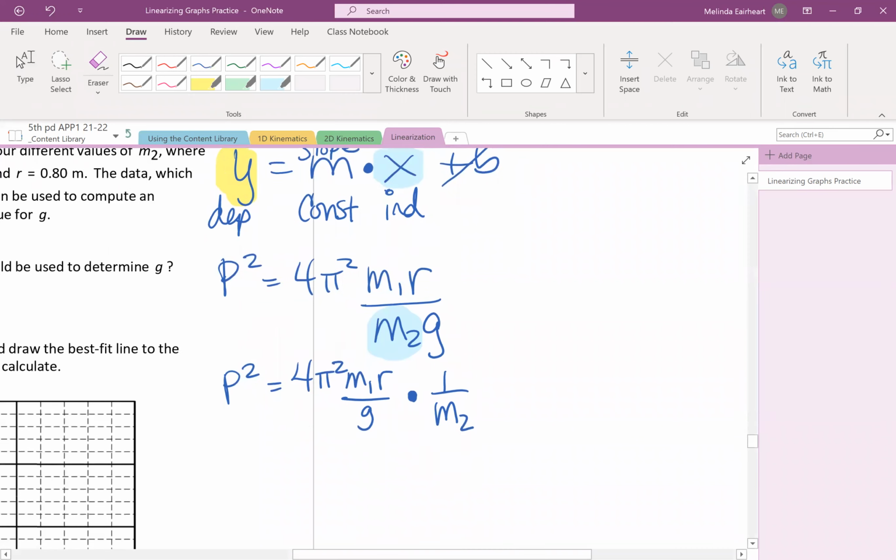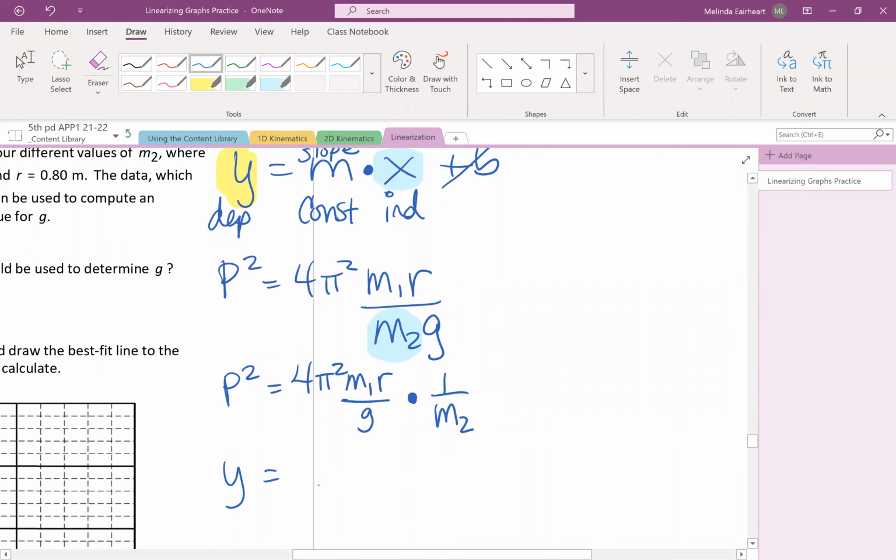And so now, if we compare it to the y equals mx, and I'm just spreading it all out, we've already said y-intercept equals 0. What are we going to plot on the y? P squared. What are we going to plot on the x?